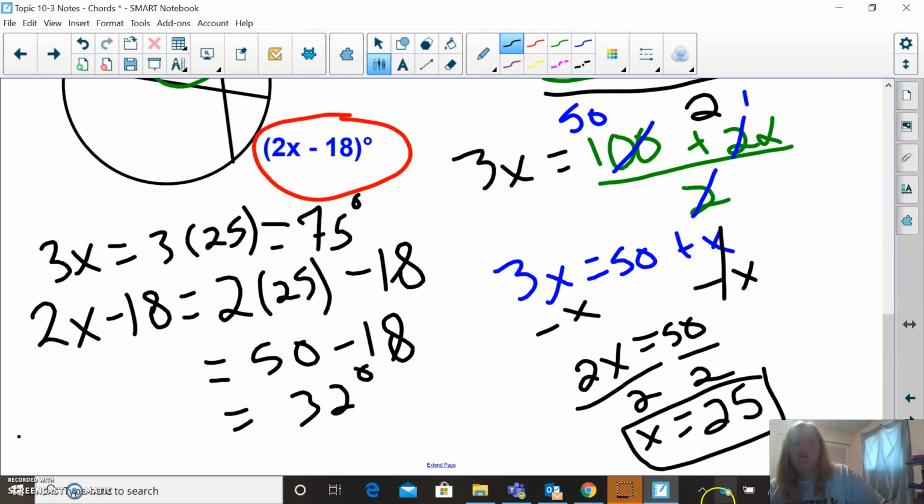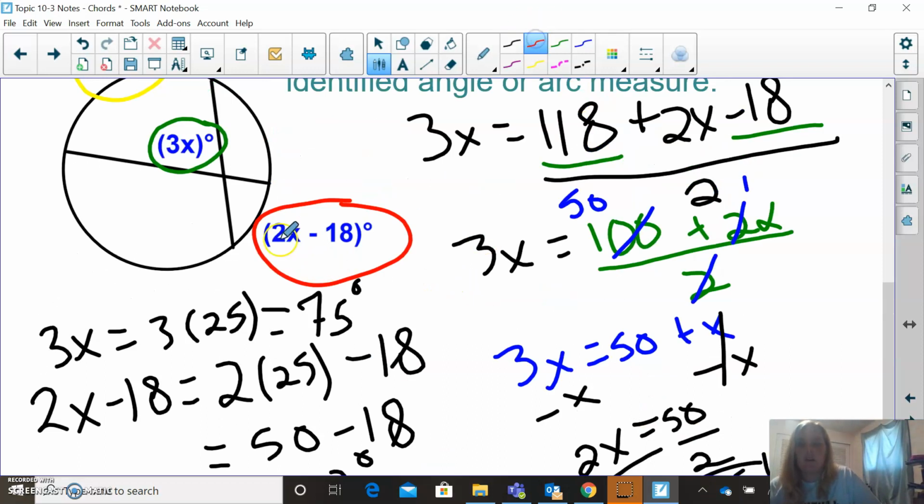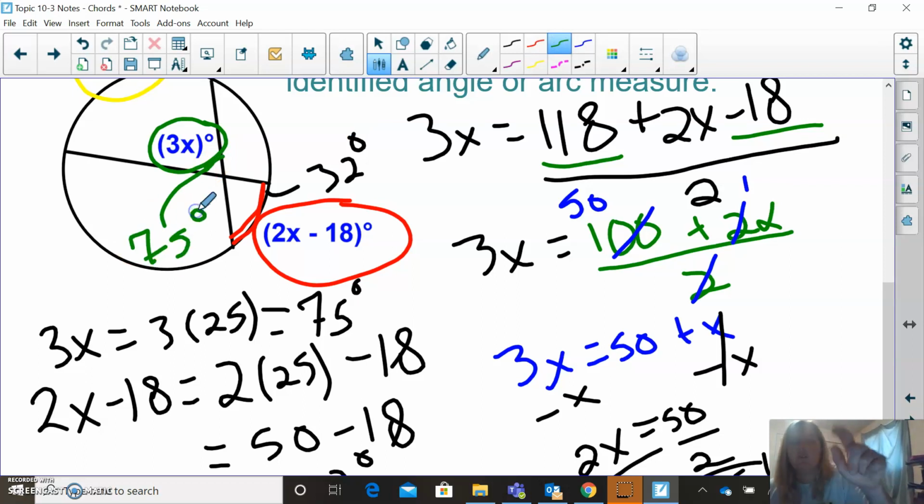So this arc right here is 32 degrees, okay? So that arc is 32 degrees, and then we determined that this inside angle was 75 degrees. Perfect. Perfect, guys. Let's keep going.